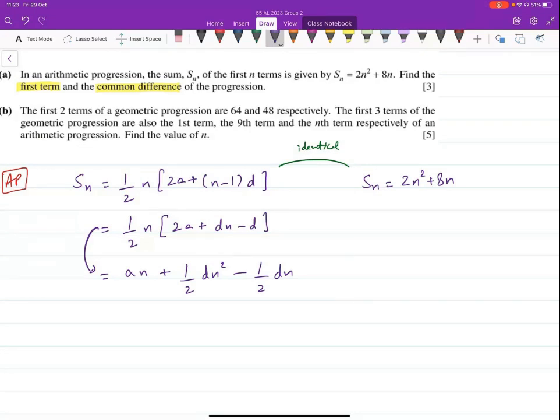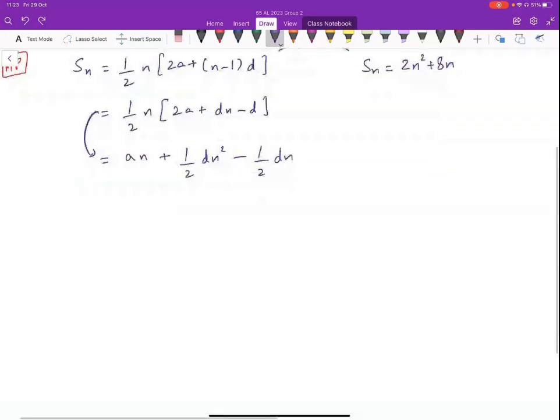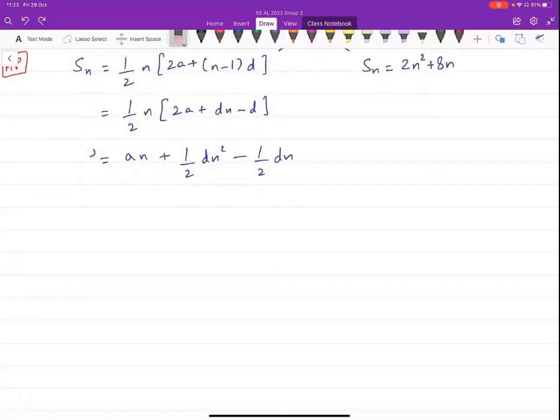So now we have this formula here, 2n squared plus 8n. Okay. In our form for Sn, we are getting 3 terms. We've got an, then we've got dn squared, then we've got dn again. What we can do is we can take the n terms together and n squared term together.